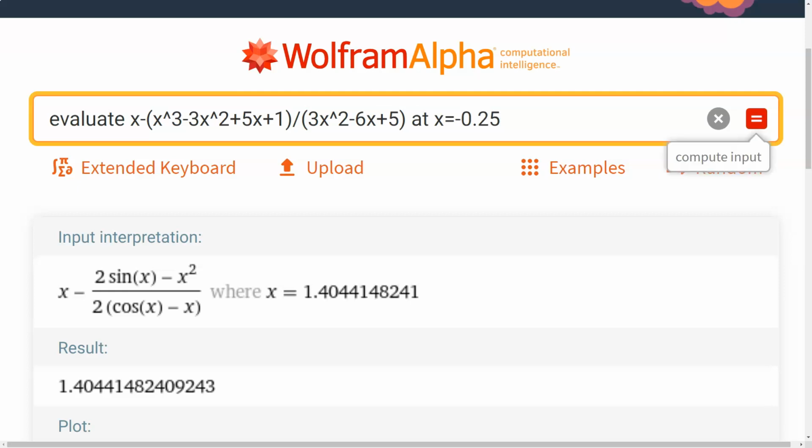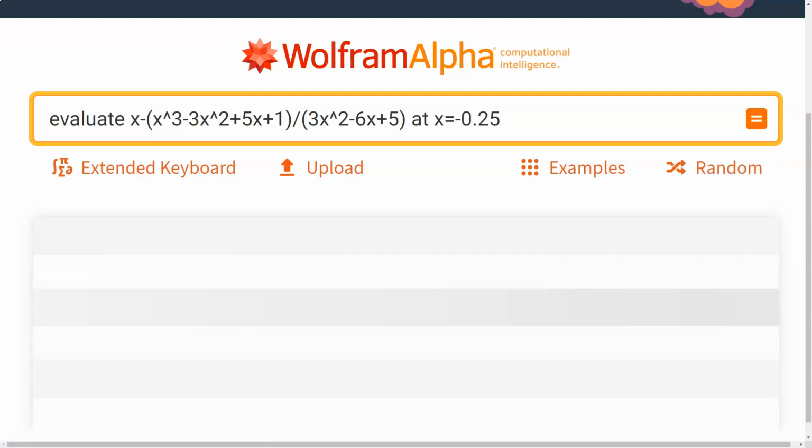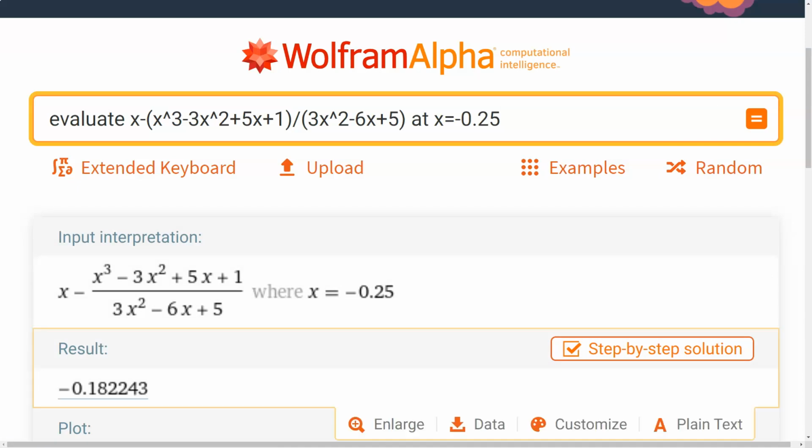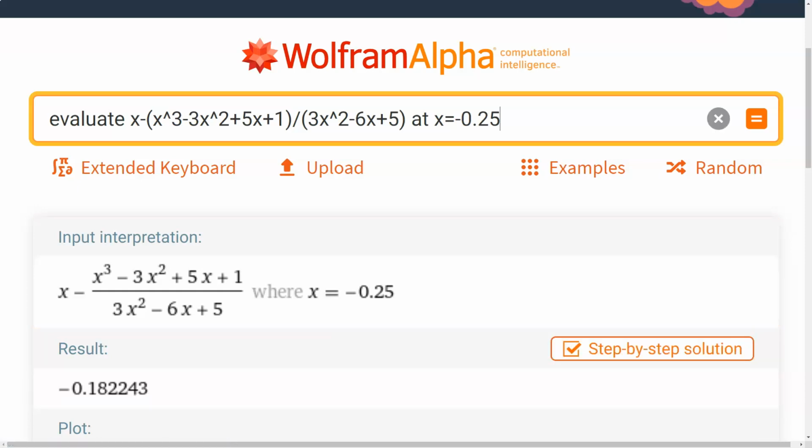Okay, so let's do this. Double check, it looks right. Okay, so minus 0.182243. Let's keep track of which one this is. So our answer right now is x2. We're on the second term. 0.182243.